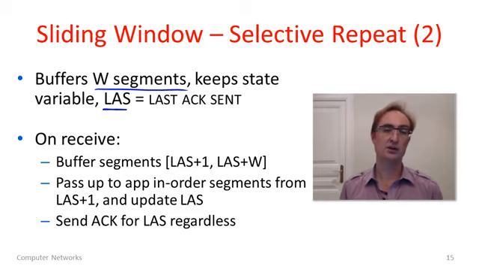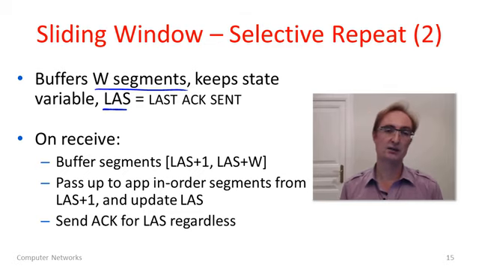Then you look at your buffer and you see if you have any segments in order, starting at LAS +1 and onwards. If you do, you pass up those in-order segments to the app and you update LAS to push it up to the highest segment which has been delivered to the app. And then you send an ACK for this LAS, regardless of whether it's a new LAS because it's moved or it's the old LAS.